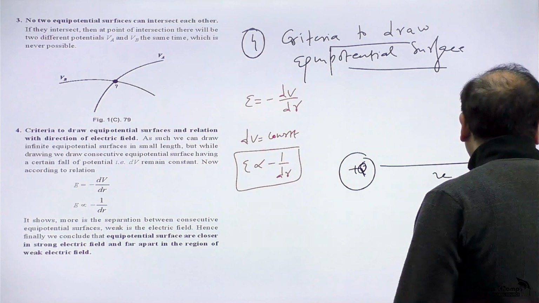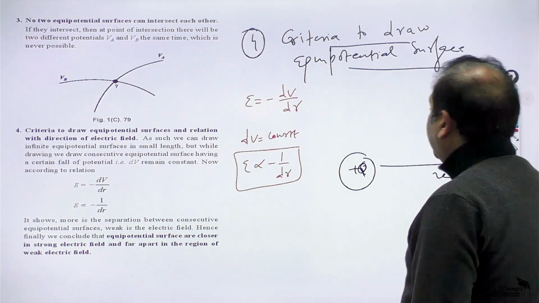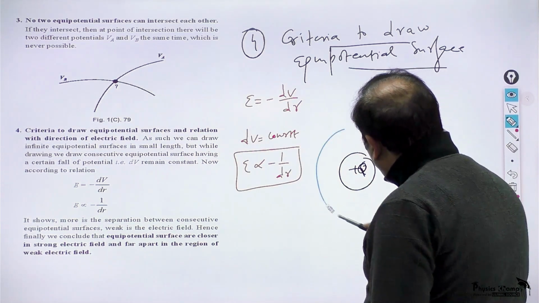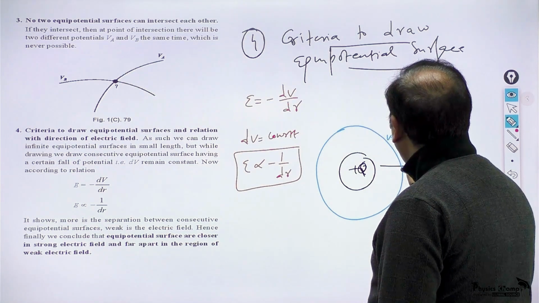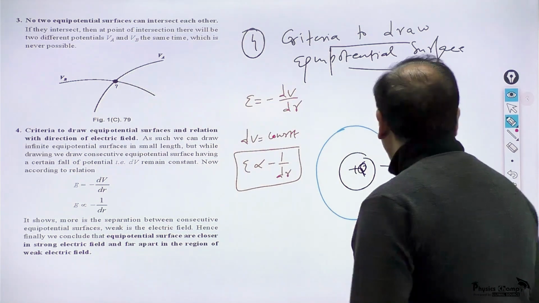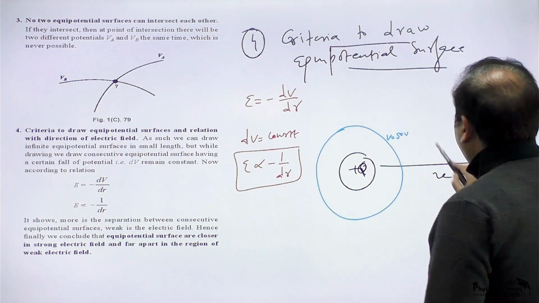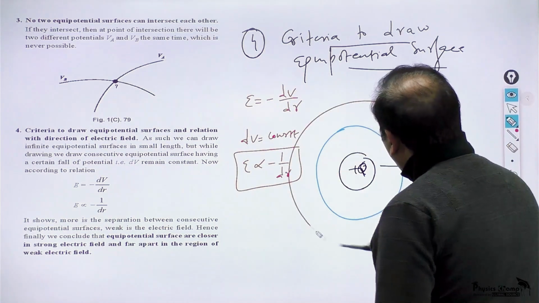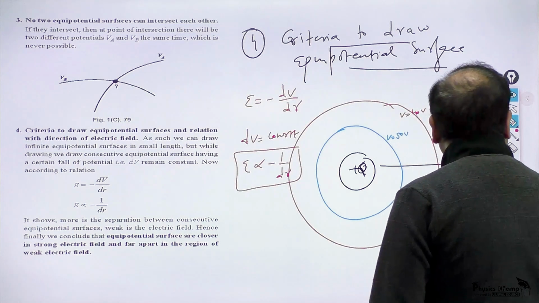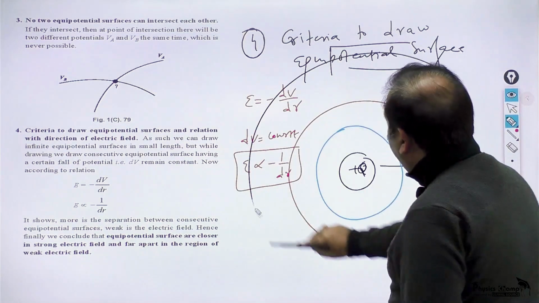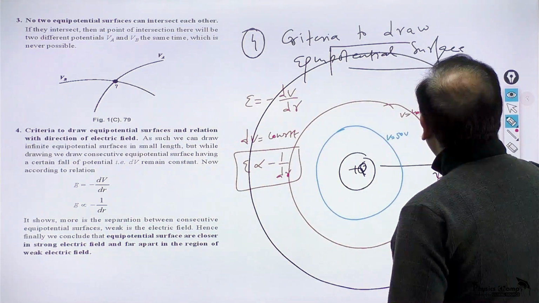That means when I draw equipotential surfaces, I will draw my first equipotential surface which may have a potential of say 50 volt. I will draw another equipotential surface which should have a potential of 40 volt. I'll draw another equipotential surface which should have a potential of 30 volt.